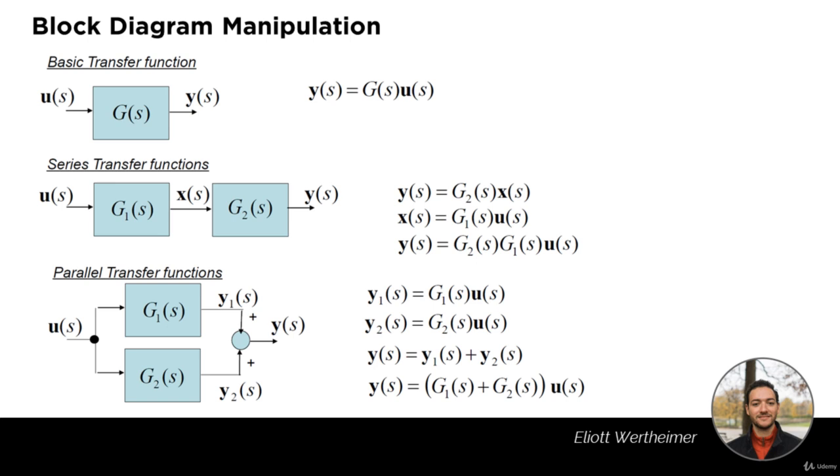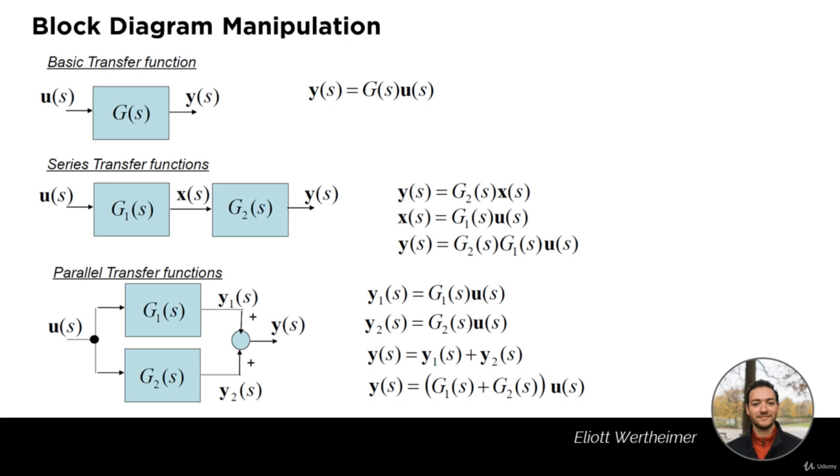You can see that G1(s) outputs X(s) for the input U(s). So you can write that X(s) equals G1(s) times U(s). But now, in the equation for Y(s), you can actually replace the term X(s) by G1(s)U(s). So you can see that Y(s) is equal to G2(s) times G1(s) times U(s). So this is the full equation for these series transfer functions.